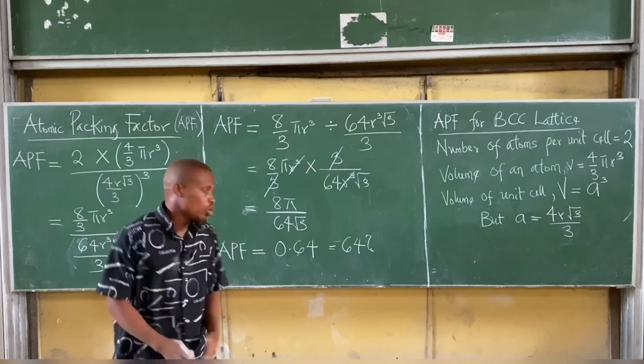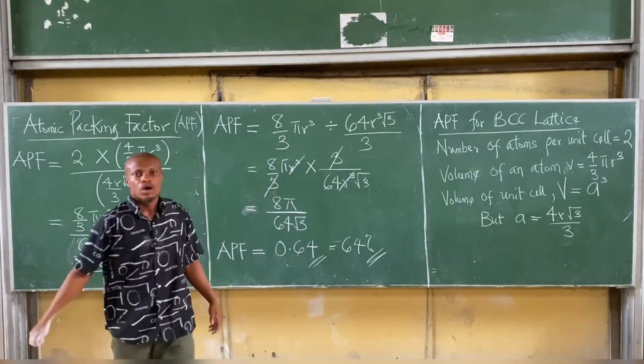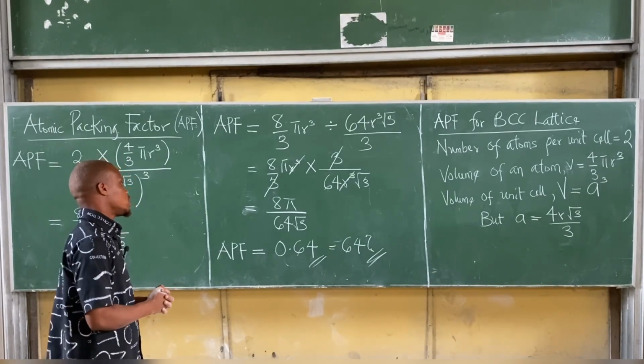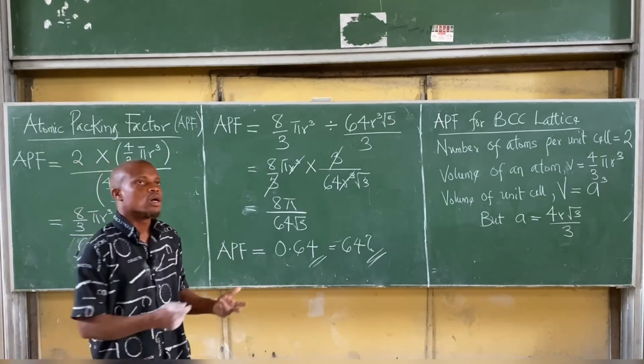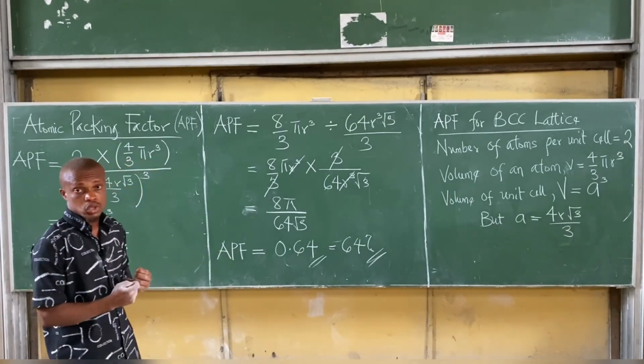Therefore, the atomic packing factor of a BCC lattice is 0.68 or 68%. This gives you how close the atoms of a BCC structure are.